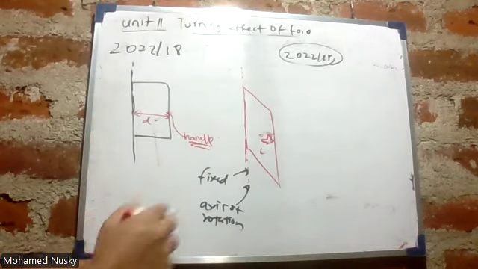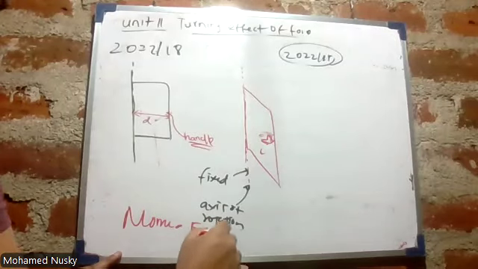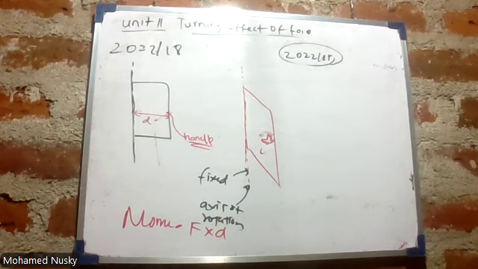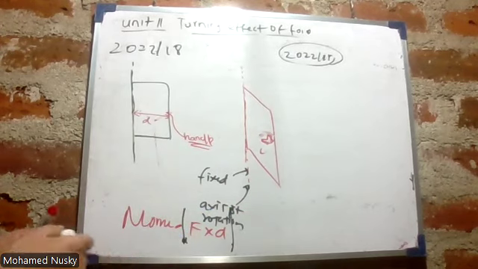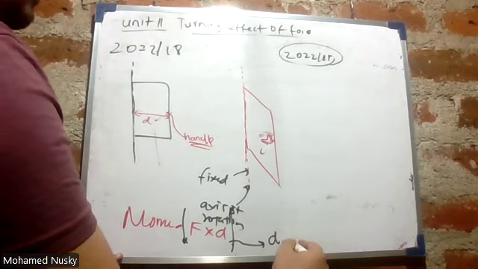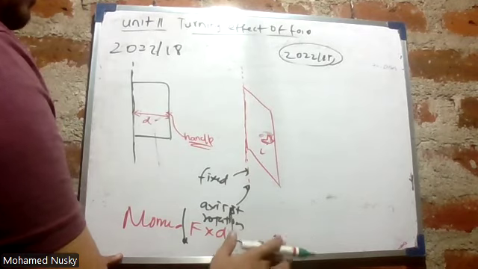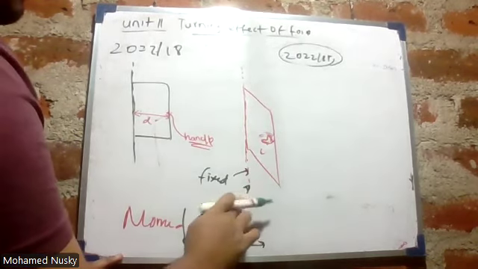As I said earlier, moment is equal to force into distance. If I need to make a minimum force, the distance should be maximum from the axis of rotation. Distance d should be maximum.